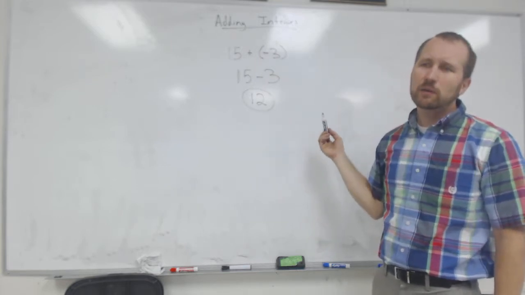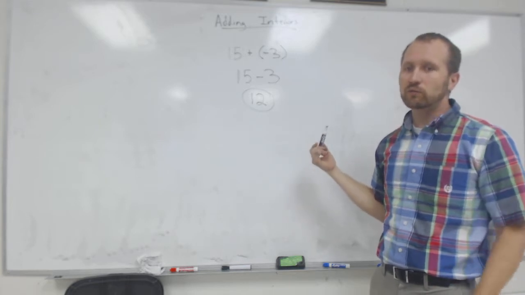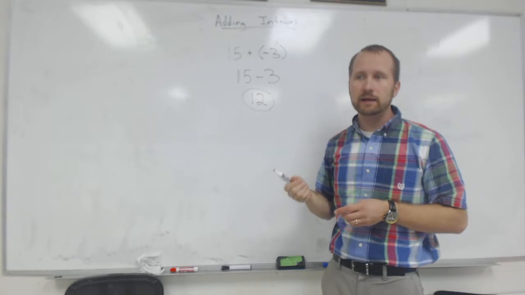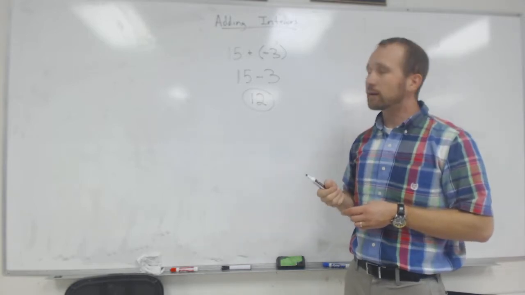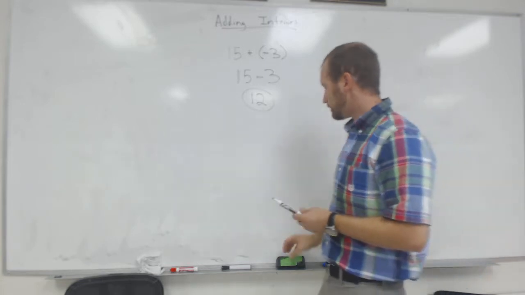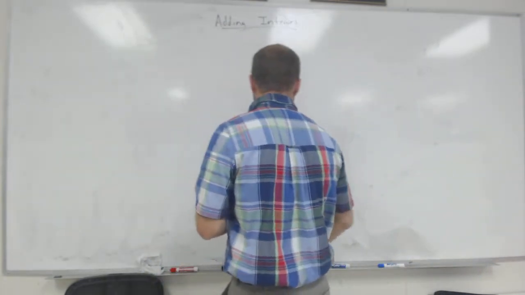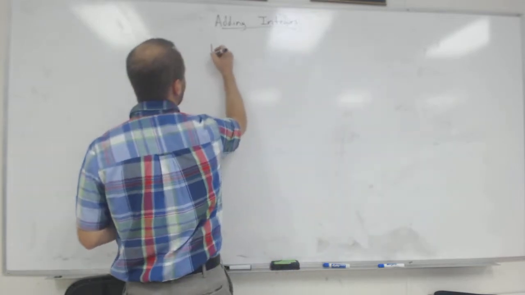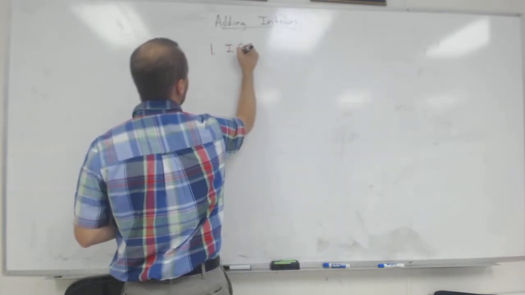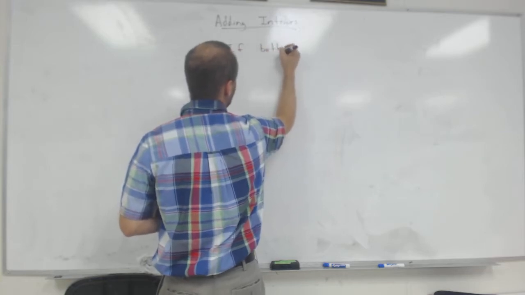Now, there are times, though, when this gets tricky. So I want to go over some rules about adding integers, especially adding negative numbers. Okay? Because the rules are going to help us. So the first thing is, number 1, and let's pretend we're just adding two numbers at a time.